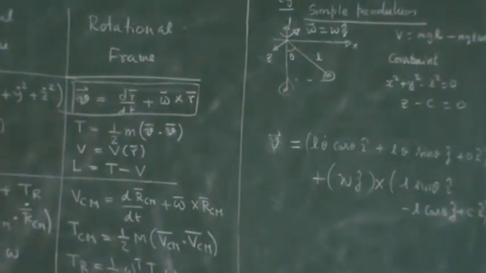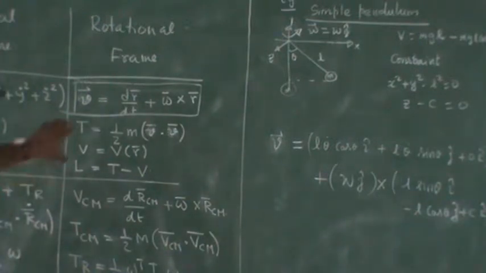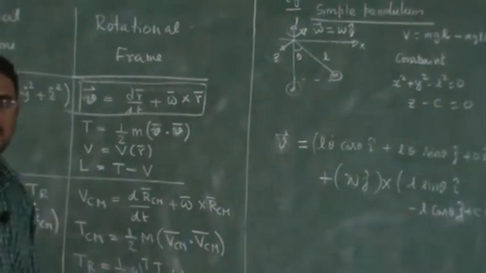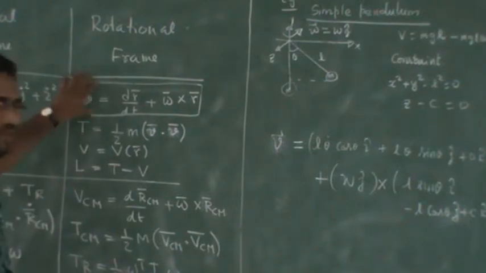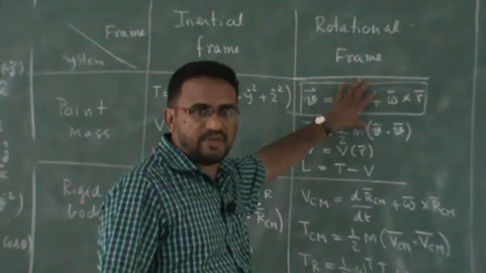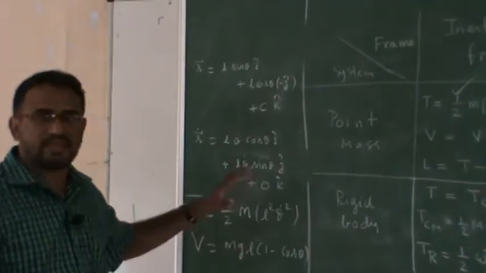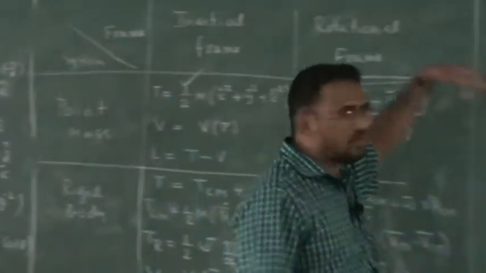We said that dr by dt is in the inertial frame, and this is the body-centered axis. But that formula was derived only for the inertial frame. I am extending this system to the rotational frame.